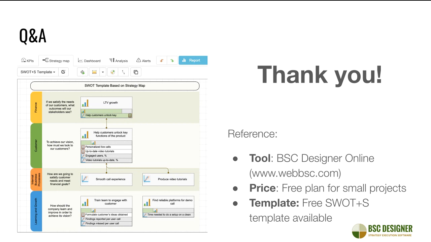And if you're using BC Designer already, or if you plan to give it a try, you will find the mentioned SWOT+S template among the different templates that we have in the software. So you can start using that template and try your ideas, do a SWOT+S analysis, and try converting it into a strategy map.